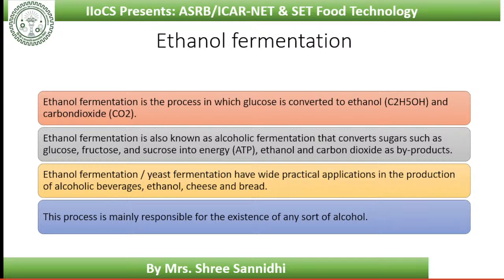It is also known as alcoholic fermentation, which converts sugars such as glucose, fructose and sucrose into energy, with ethanol and carbon dioxide as the byproducts. Ethanol fermentation, or yeast fermentation, has wide practical applications in the production of alcoholic beverages, ethanol, cheese and bread. This process is mainly responsible for the existence of any sort of alcohol.